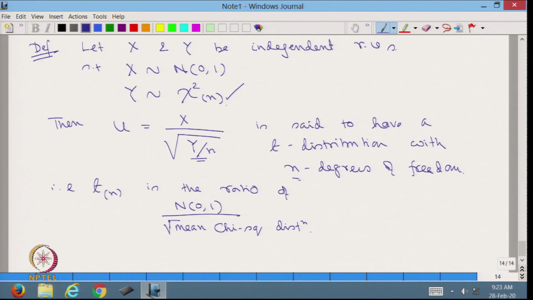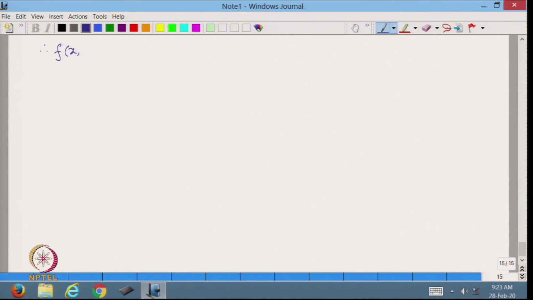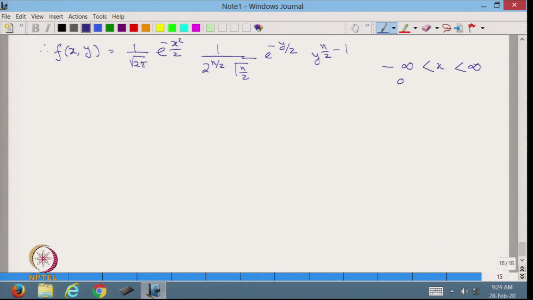So, what is the PDF? Therefore, f of x, y we can write as 1 over root over 2 pi e to the power minus x square by 2, times 1 upon 2 to the power n by 2 gamma n by 2 e to the power minus y by 2 y to the power n by 2 minus 1, when minus infinity less than x less than infinity and 0 less than y less than infinity.